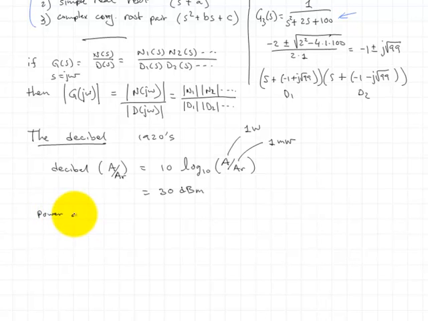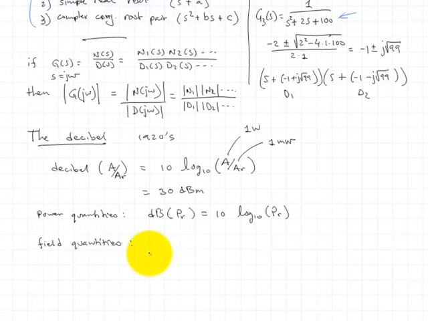So for power quantities, the dB of some power quantity, I really should say ratio, P, is equal to 10 times log base 10 of that quantity. Now we also have what we call field quantities, and that's what we're going to be using.